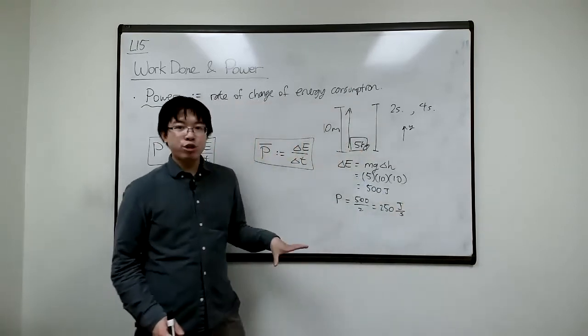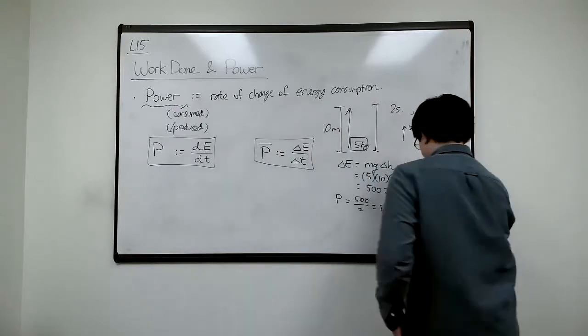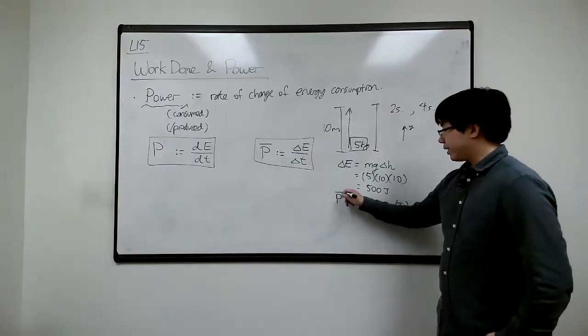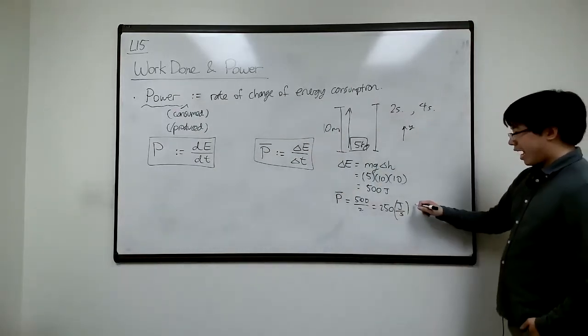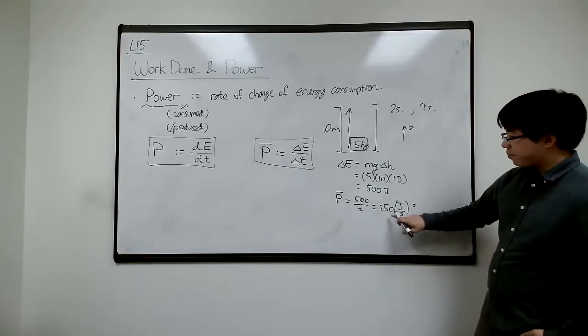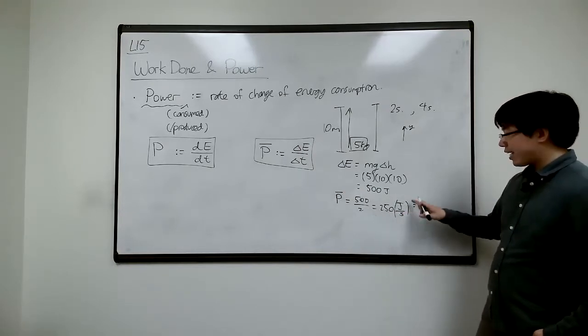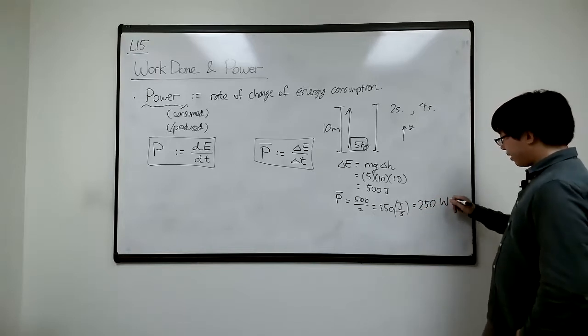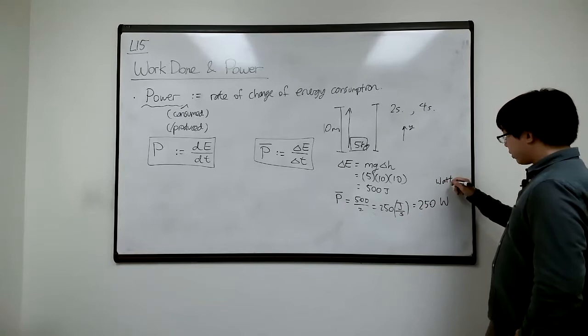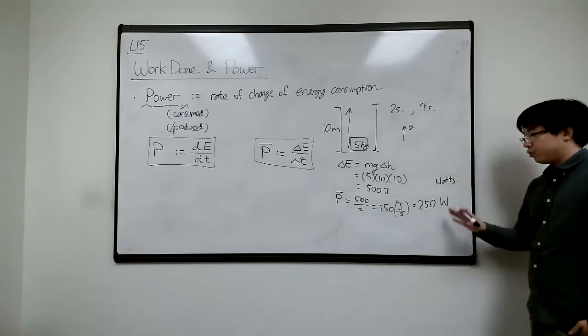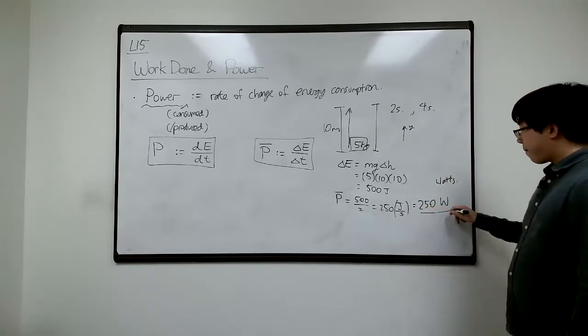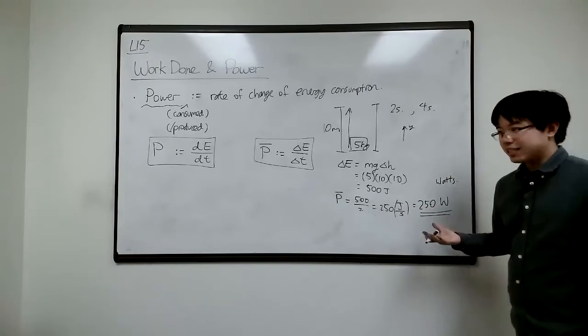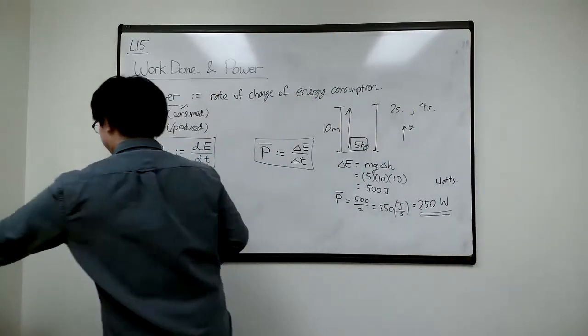If you want to simplify the unit, we have a special unit for power, which is watts. It's spelled watts, named after the scientist who did a lot of this work. And that is one way you can go about it.